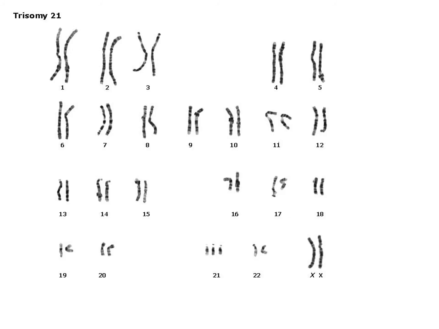So here's a karyotype from one of the more common aneuploidies in humans. It's called trisomy 21 because what? The 21st chromosome is present in 3 copies instead of 2. This is more commonly known as Down syndrome, and this would be the karyotype from a female with Down syndrome.